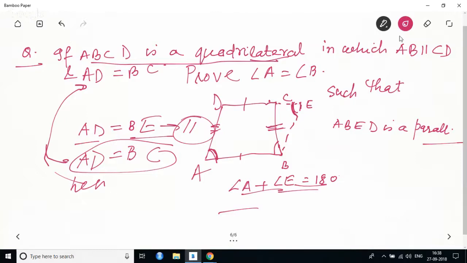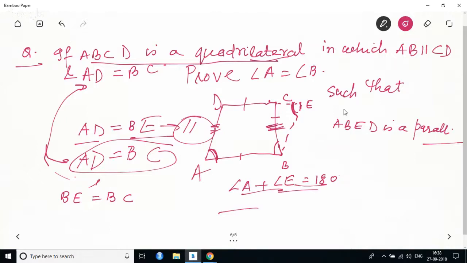So now I can write that BE is equal to BC. So this and this are equal. And what kind of angle are they making?